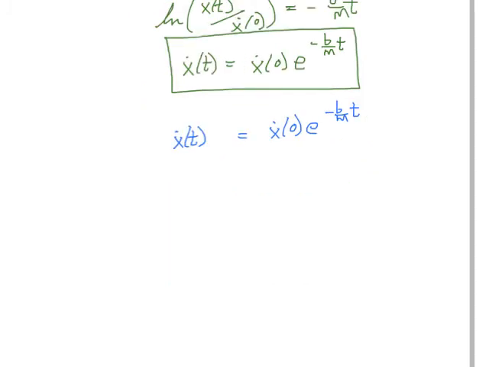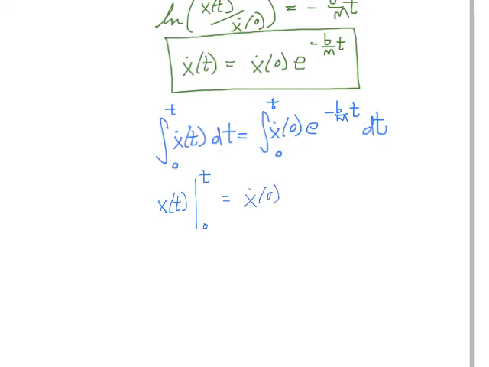To solve for position, we're going to integrate both sides with respect to dt. And the boundary conditions here are from time 0 to time t on both sides. And with the integration, we get x evaluated from 0 to t, and this is equal to x dot at time 0.